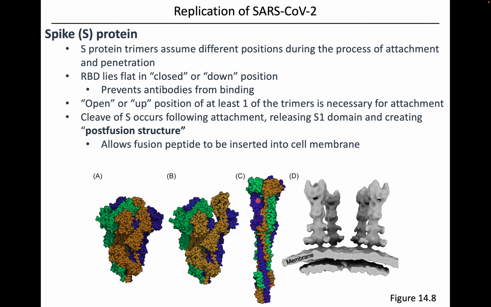And then you have a cleavage event that can happen after attachment that's going to release the S1 domain and is going to give you this pretty dramatic conformational change, what's called the post-fusion structure, and that's going to allow this thing to insert into the membrane and essentially open up a pore.